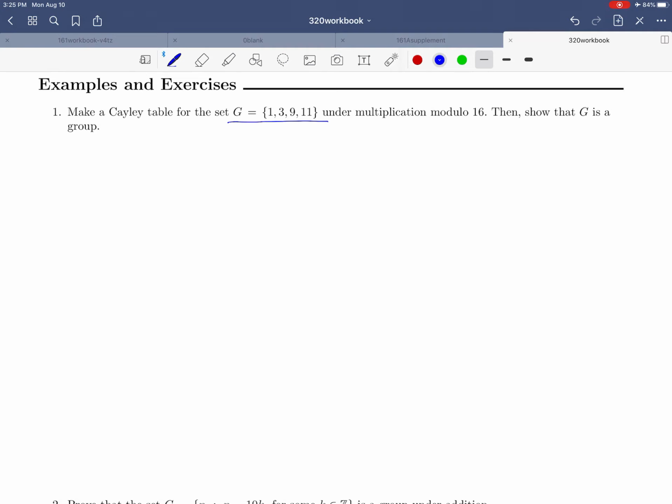You've seen a Cayley table before. It's really just like a multiplication table, for our particular type of multiplication, which is multiplication mod 16. So we're going to write down our elements across the top: 1, 3, 9, 11.